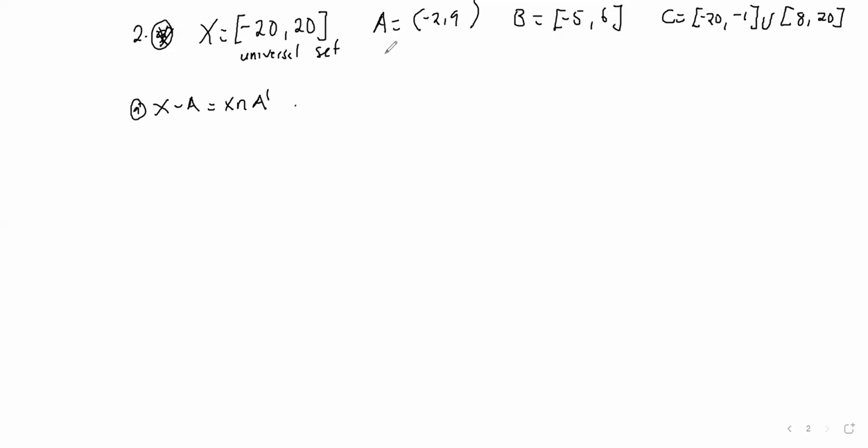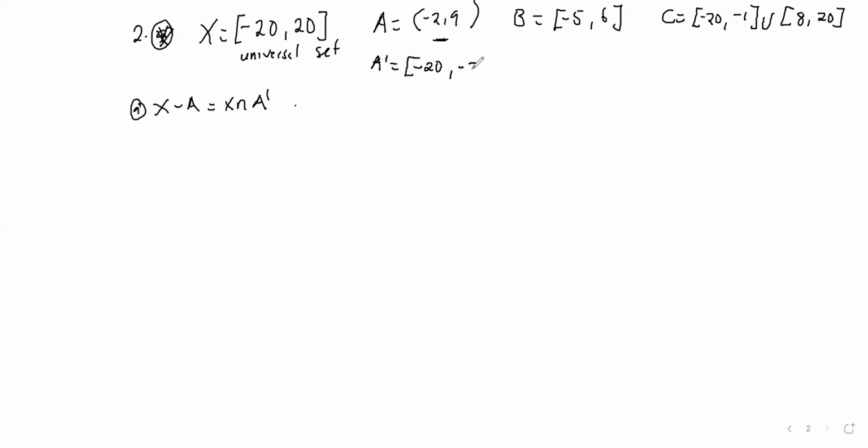So what is A? So A is here. So we need its complement. So A complement, the complement of a set comes from its universal. So look at the universal. Whatever is not in A, but in the universal belongs to A complement. So we have -20 is not in A, you pick it the way it is in the universal.